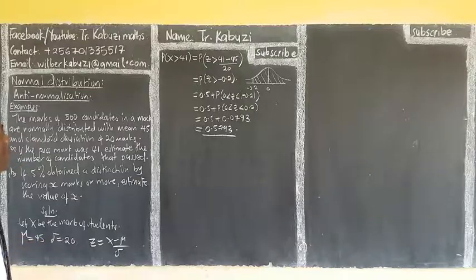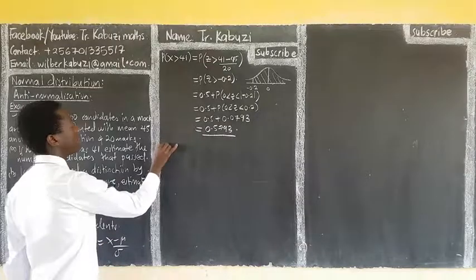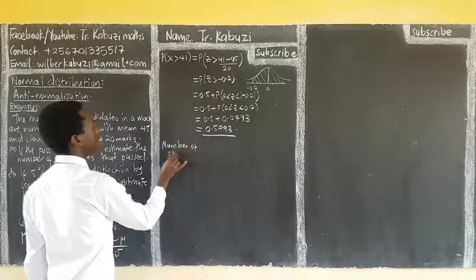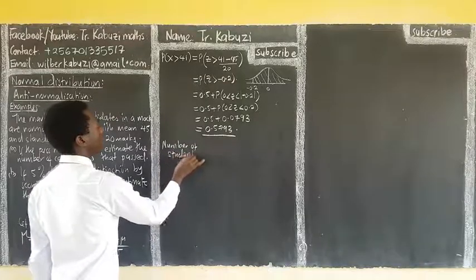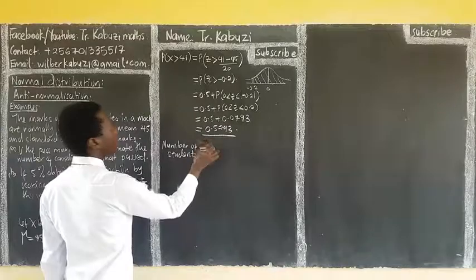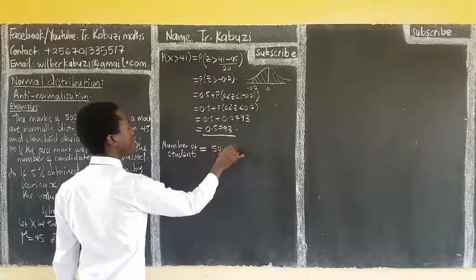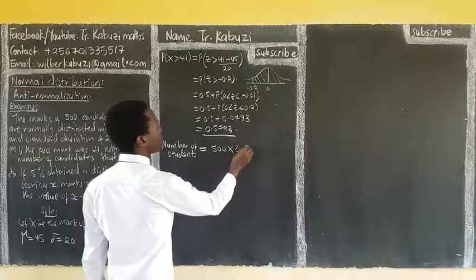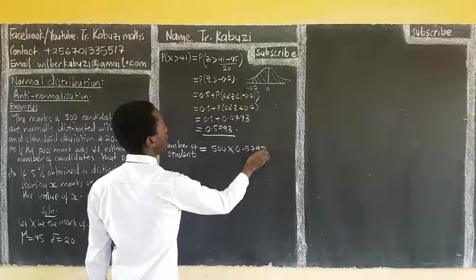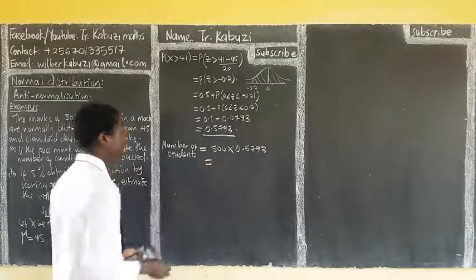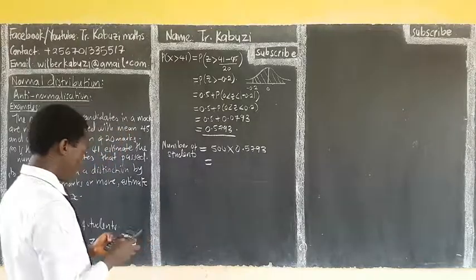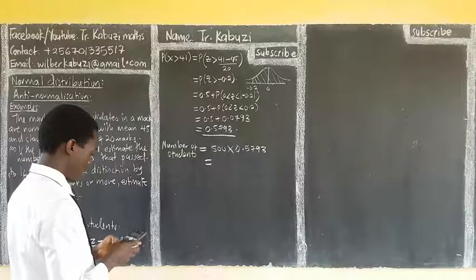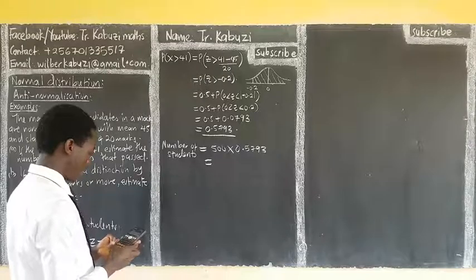Now to the number of students. The number of students will be 500, they are the total, times the probability of those who got above this, 0.5793.